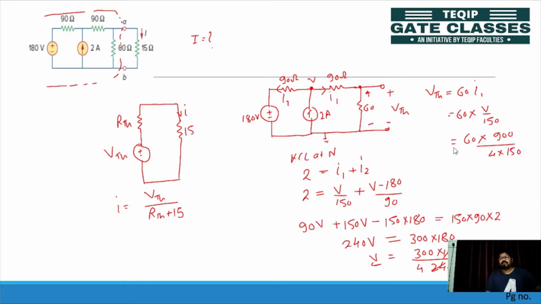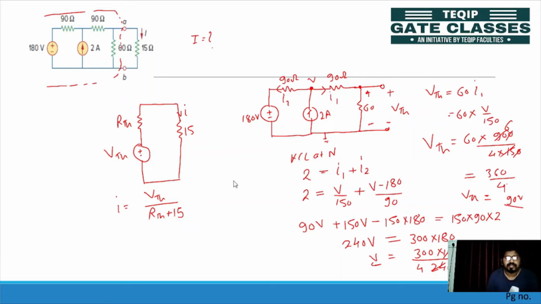Like this you will get your VTH. That is 360 by 4, and it will be 90 volt. I think you can cross check the calculation. I'm doing it roughly, so I think it's 90 volt.